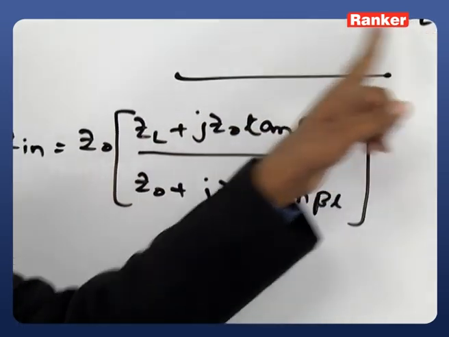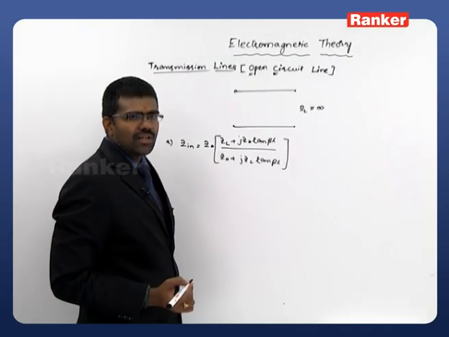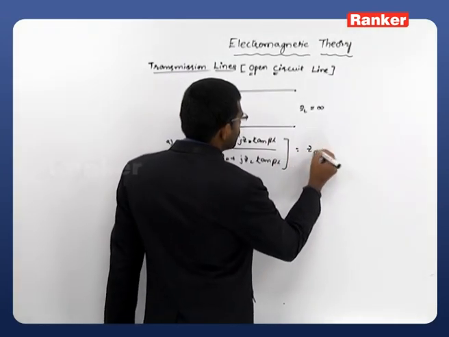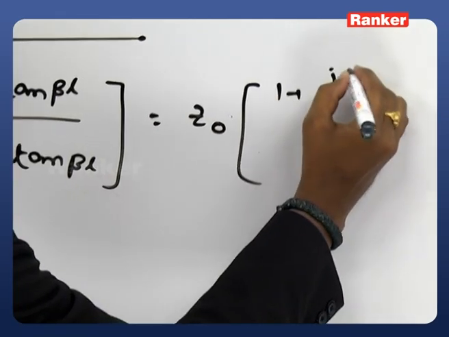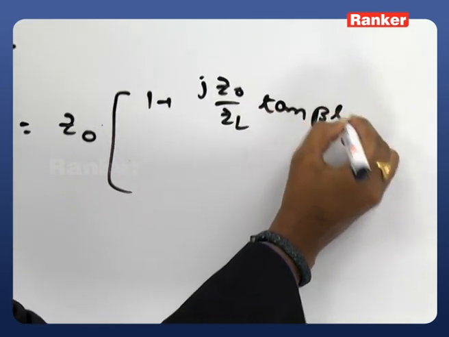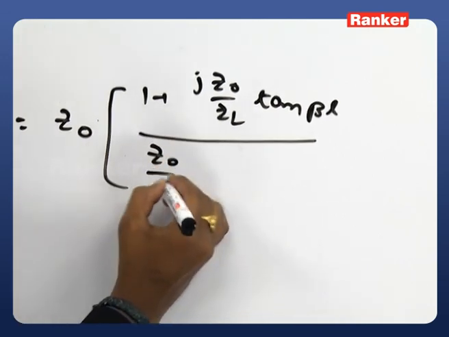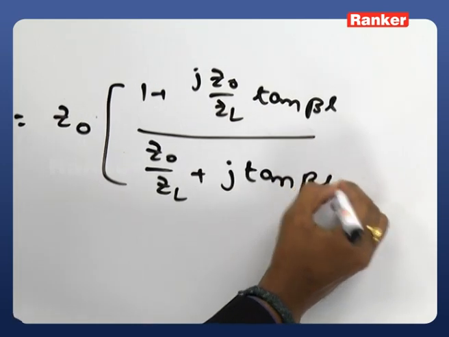Direct substitution is not at all possible. So apply the limit ZL tends to infinity and simplify. If you take ZL common, this is Z0 times 1 plus jZ0 by ZL tan beta L, divided by Z0 by ZL plus j tan beta L.